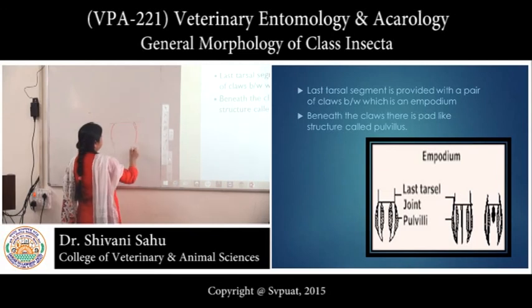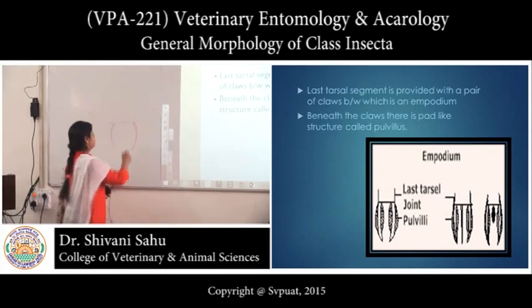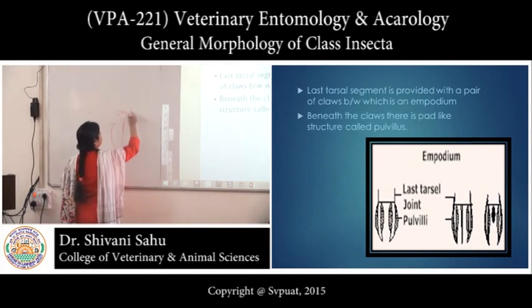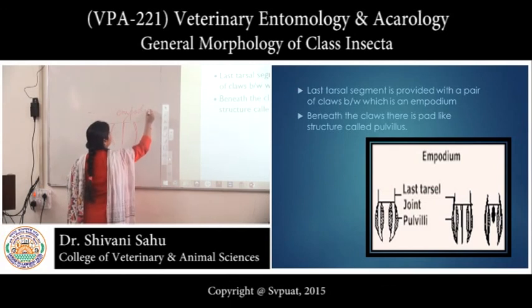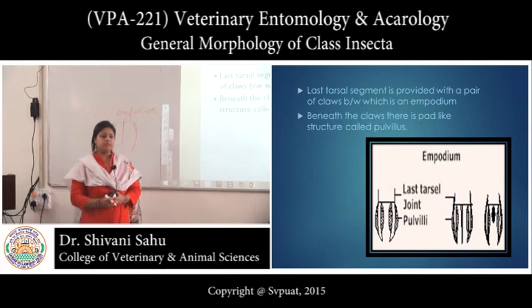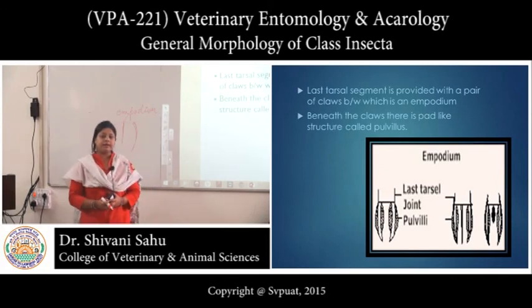In between these two claws, there is a pad-like structure known as empodium, which is sensory in nature. Now beneath the claws, there are two pad-like structures known as pulvilli. Singular is known as pulvillus.